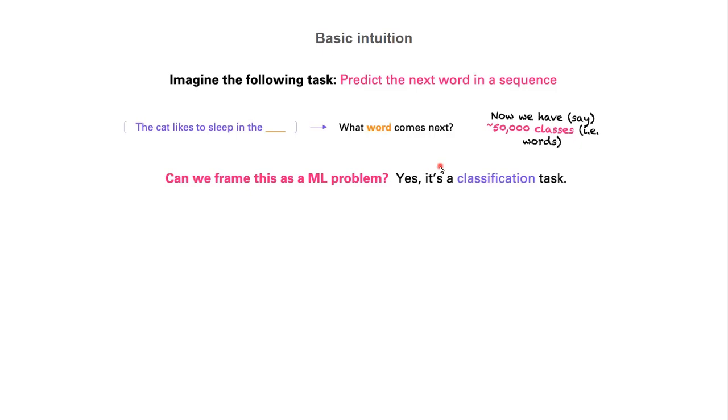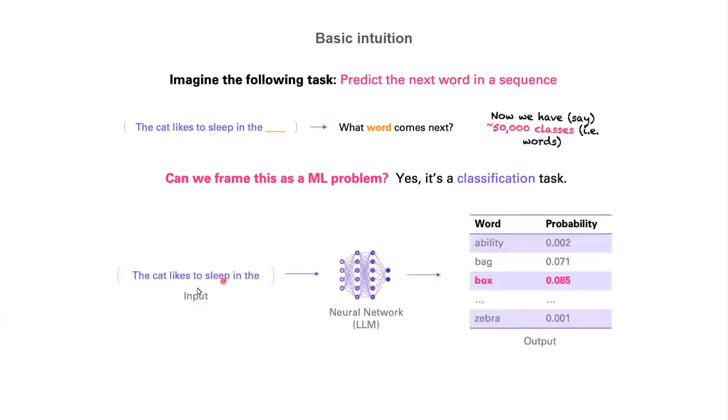So basically, we are going to come up with a model that decides which class to select for this given statement. You pass the statement as an input to the neural network, which we train with many examples. And then it picks the word that has the maximum probability, which is box in this case.